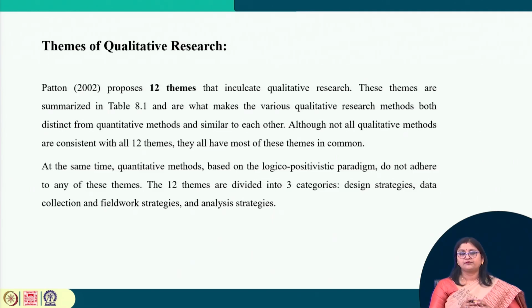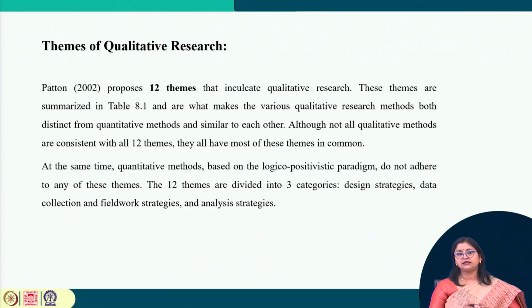As mentioned by Patton in 2002, he proposes 12 themes that characterize qualitative research. These themes are summarized in Table 8.1 in Patton's book and are what make the various qualitative research methods both distinct from quantitative methods and similar to each other.